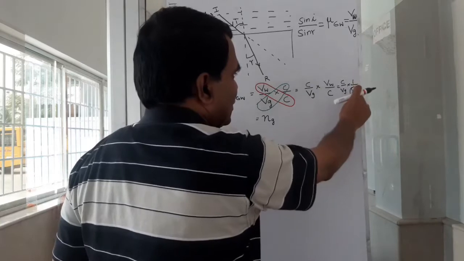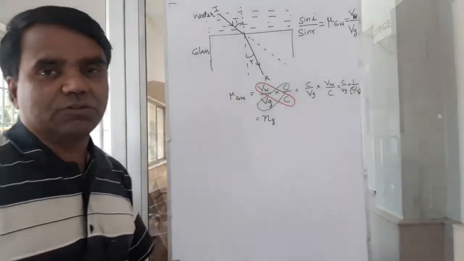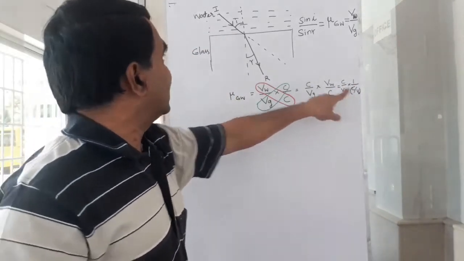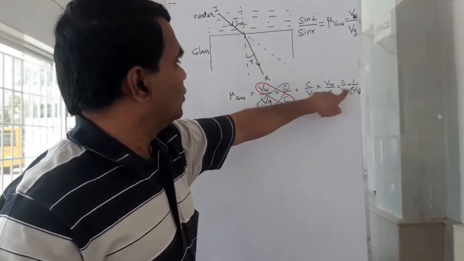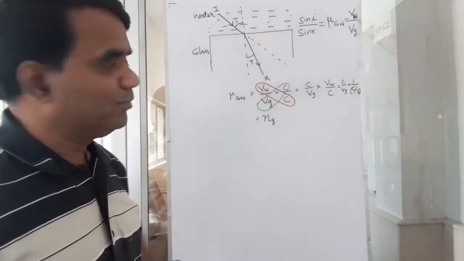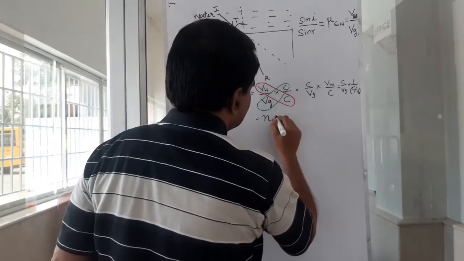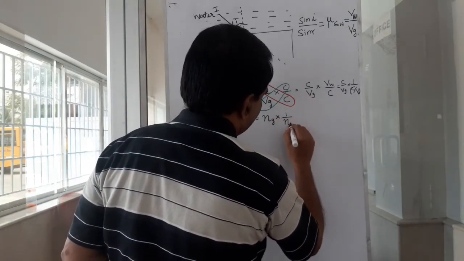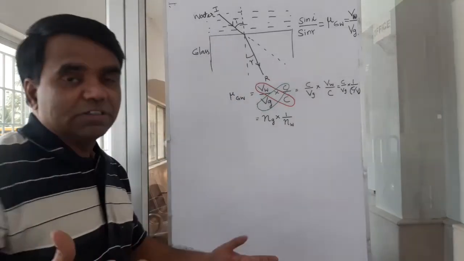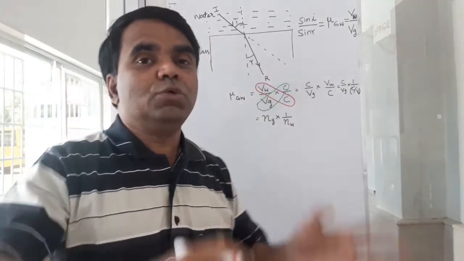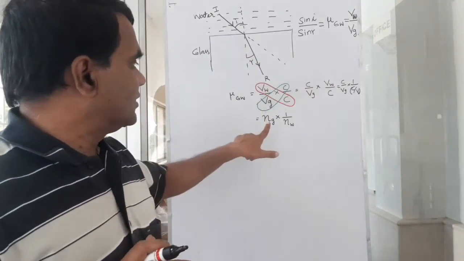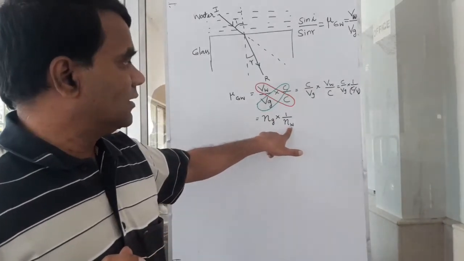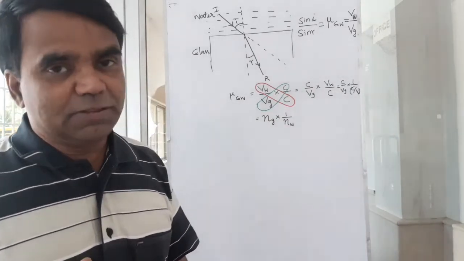So this C by Vw is what? That is the refractive index of water with respect to vacuum. So I'll call that 1 by refractive index of water. Obviously, with respect to vacuum is understood. So this is Ng and this is Nw.